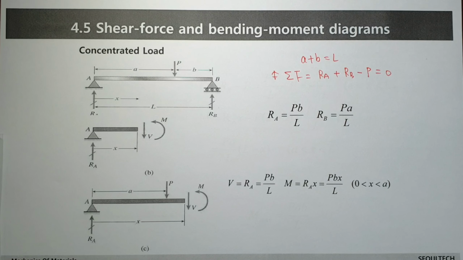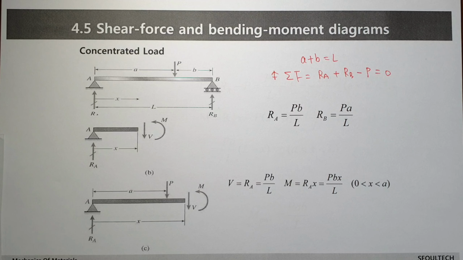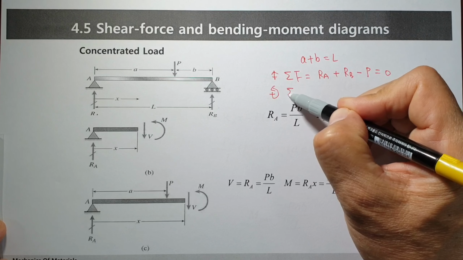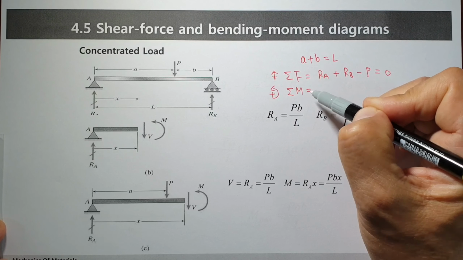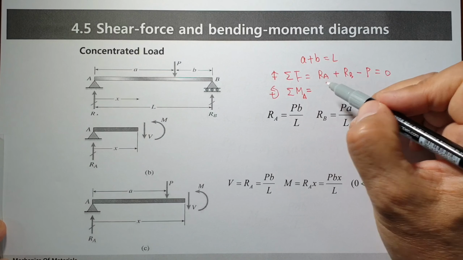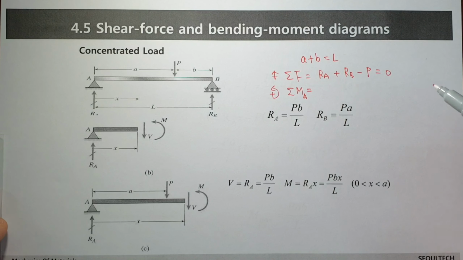This relationship is available. And when you draw the free body diagram, this direction is positive for moment. Let's calculate the moment around A, this point.